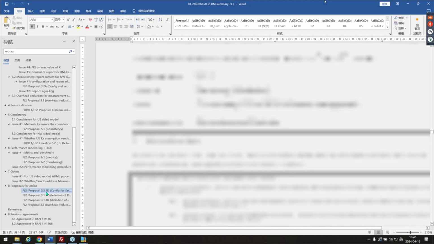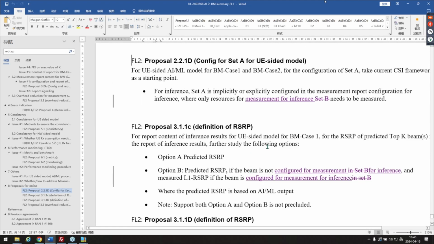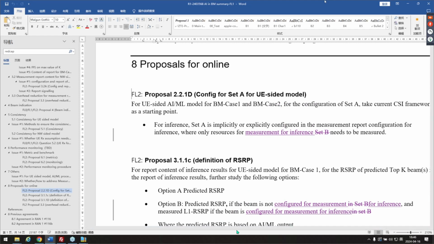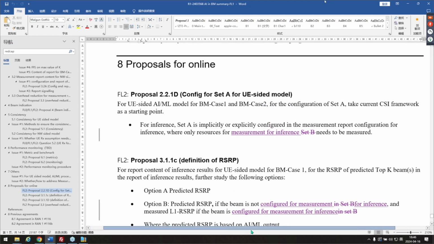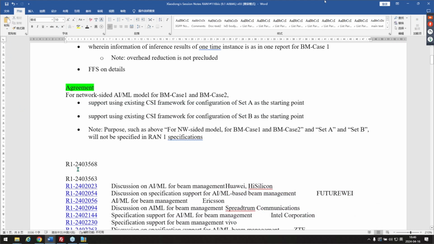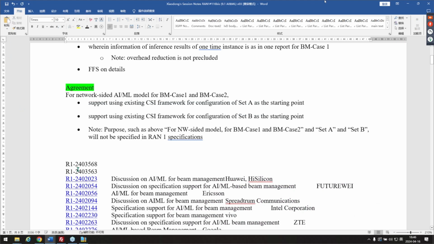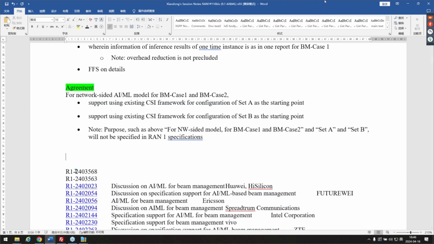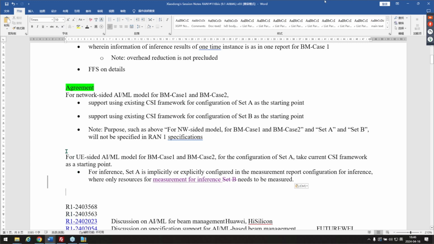This 221, yes. And there are some changes I made offline, because the motivation to delete this set B is for UE-sided model. The current definition of set B is the beams used for AI input. But whether all the measurements will be used for AI inputs is up to UE implementation.